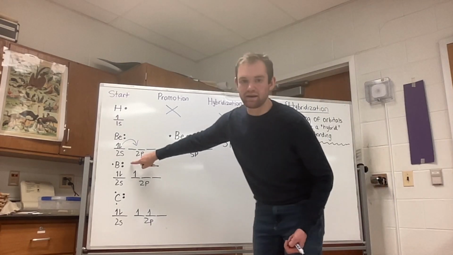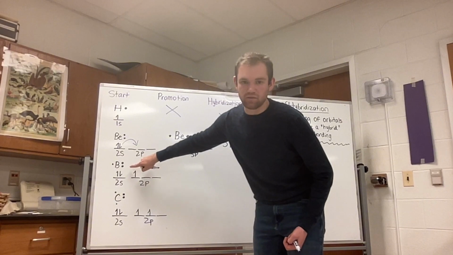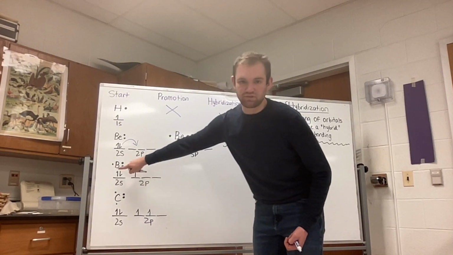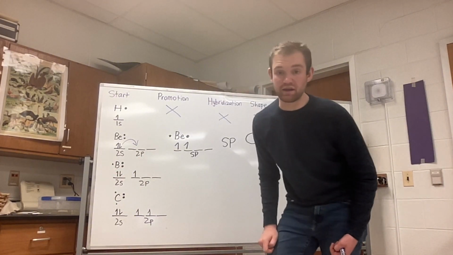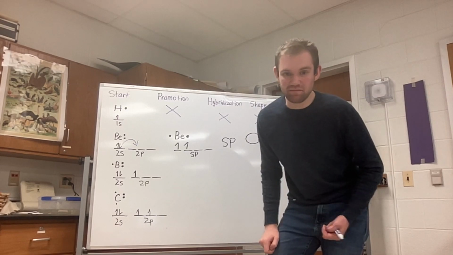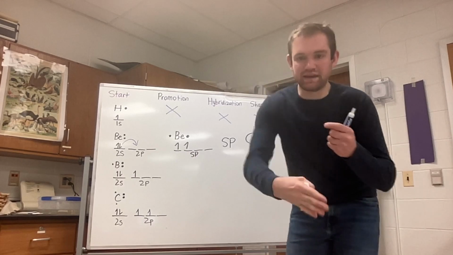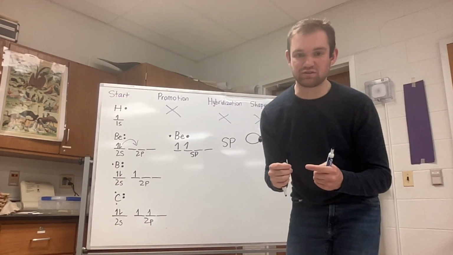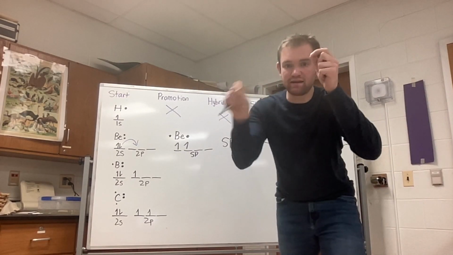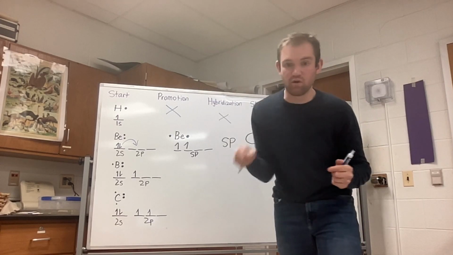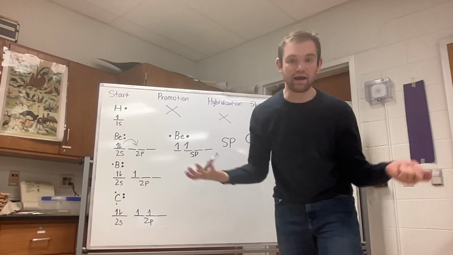Now boron again, 2s2, so I pair up these 2. And then this 3rd valence electron is lonely. It's a p electron. Just like last time, I can't bond a pair. So I have to split. And if you remember from BH3, the 3 electrons are going to surround boron and make a triangle. Well, how does that happen?